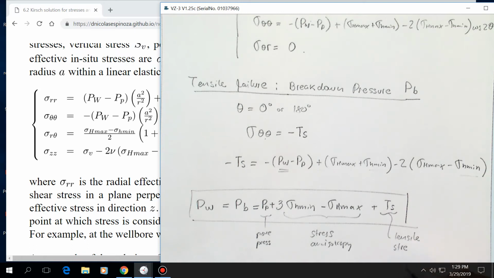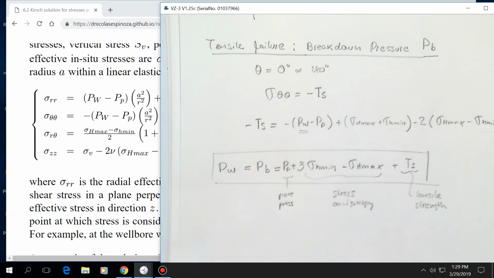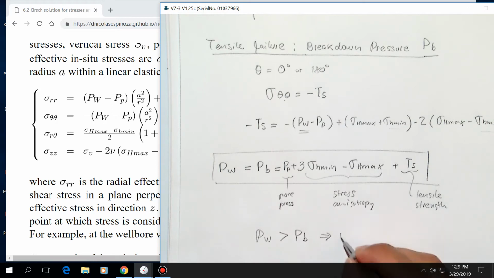Because the stronger the rock, the larger is going to be the pressure that the wellbore can bear without breaking. What happens when you surpass this pressure? If the pressure in the wellbore is bigger than the breakdown pressure, then you have what people call wellbore breakdown.